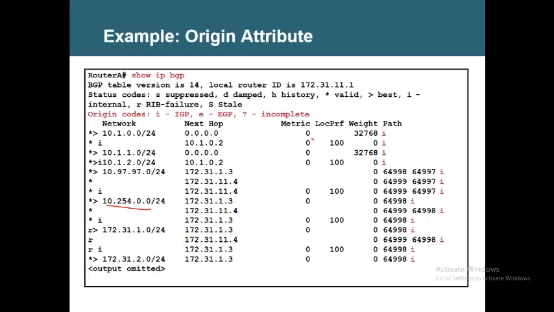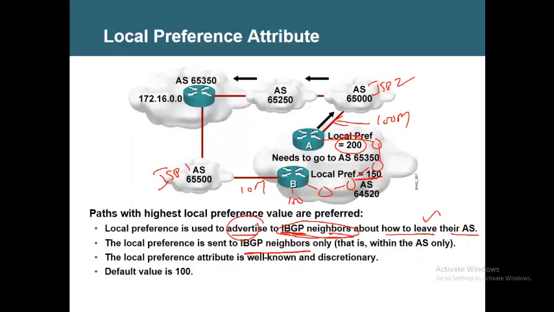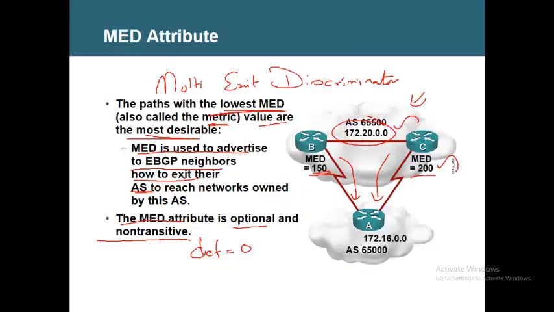You see, MED is always between EBGP, there should be some value. If it is not there, even though it is optional, it should have at least 0. That is why it is called optional, non-transitive. Is this clear, MED? Yes, sir.